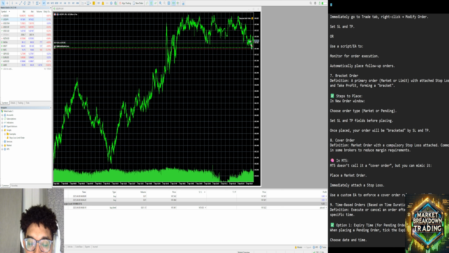The stop loss and the target. So you have the target and you have a stop loss order that are automatically placed once the bracket order is placed, which is a limit order. So basically it's like you put in a limit order, and then as soon as you put that in, a target order and a stop loss order are also put in.